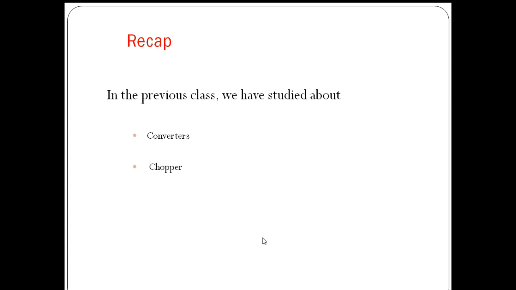Class E chopper is also called an all quadrant chopper. We get operation in all four quadrants: first, second, third, and fourth quadrant. That detailed explanation we have seen in the last classes.